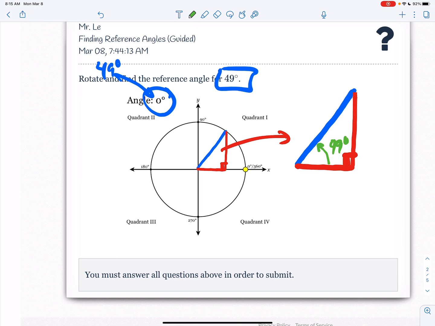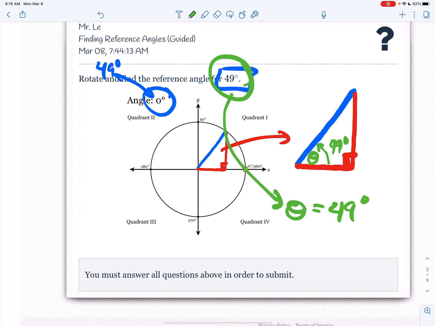But notice how 49 degrees is already acute. So whenever you're in quadrant 1, it's super easy to find the reference angle because if you're in quadrant 1, the angle is your reference angle. So here, theta is just 49 degrees. There's no need to add or subtract or anything there. Whenever you're in quadrant 1, the angle is your reference angle.